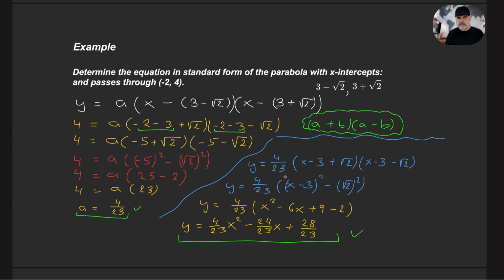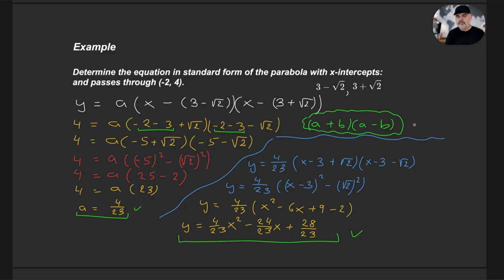So take advantage and show that this is, in brackets, a squared minus b squared. Square root 2 can be raised to the power of 2. You can quickly do the binomial squared as a perfect square trinomial. So you get x squared minus 6x plus 9 minus 2.